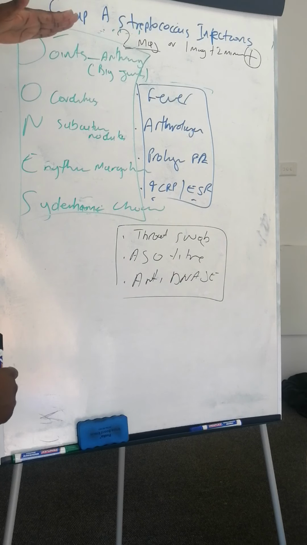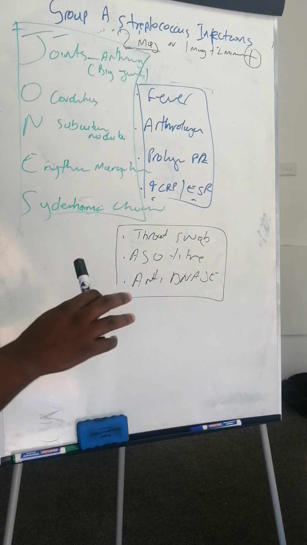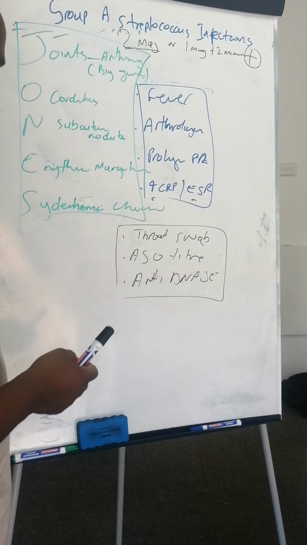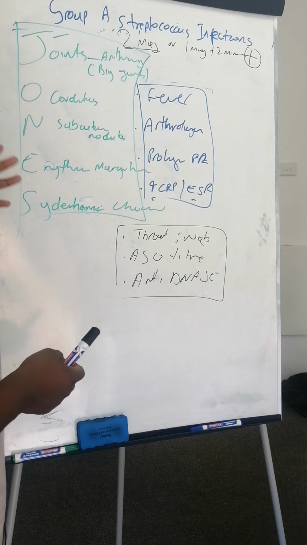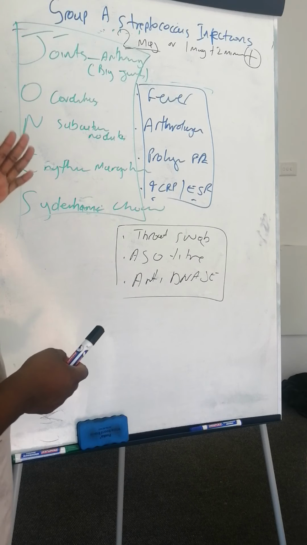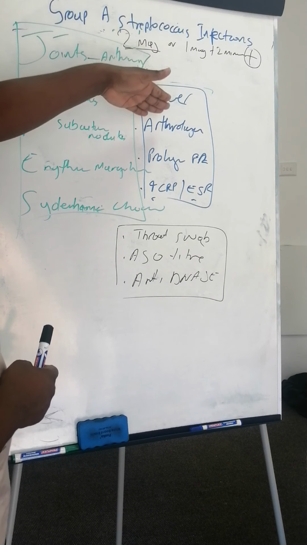So major criteria: arthritis that is migratory, involving big joints, evidence of carditis, subcutaneous nodules, erythema marginatum, Sydenham's chorea. Chorea is like involuntary movements that are purposeless. Our lecturer used to say in medical school that if you don't know what chorea is, just go and watch how Michael Jackson dances. Minor criteria: fever, arthralgia.